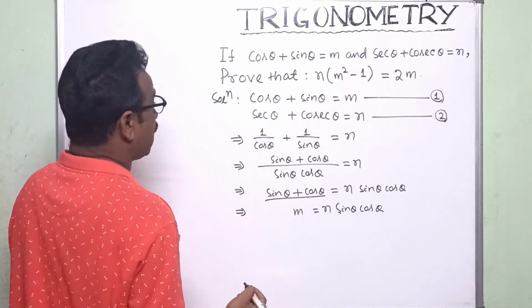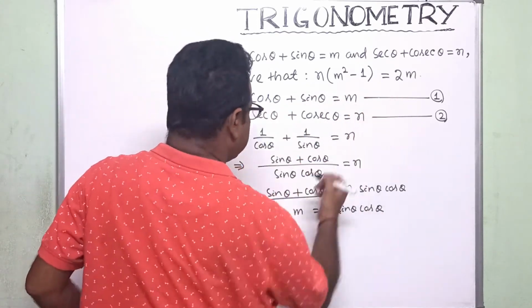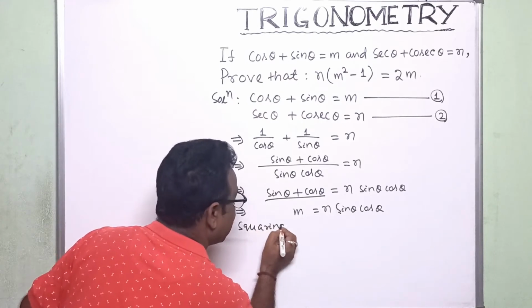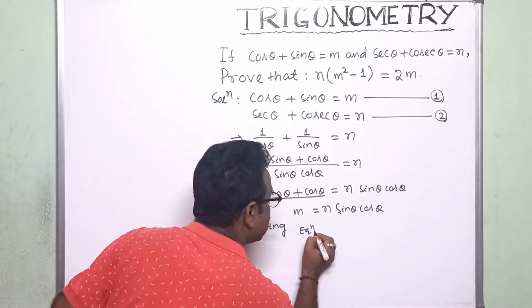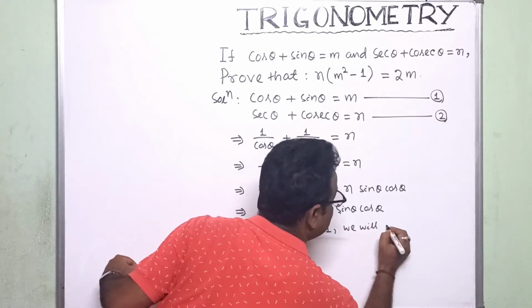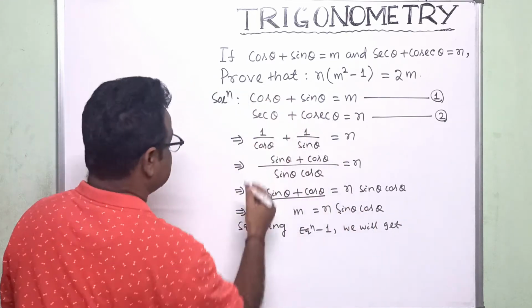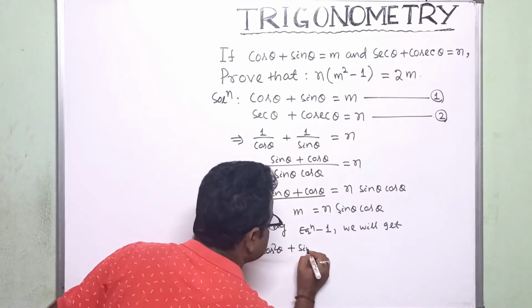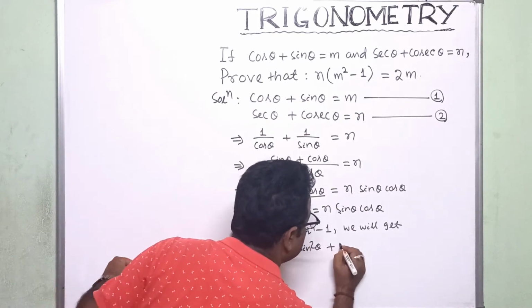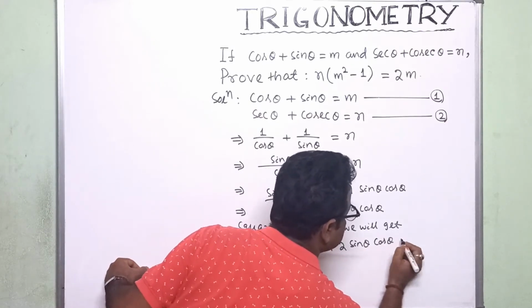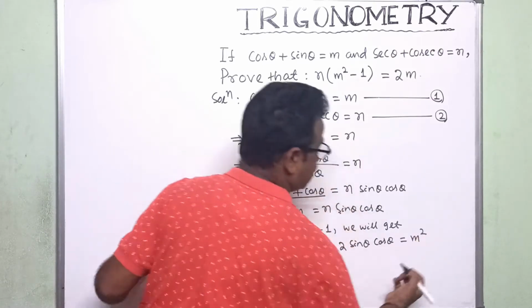Now I will square equation 1. Squaring equation 1, we will get cos square theta plus sin square theta plus 2 sin theta cos theta is equal to m square.